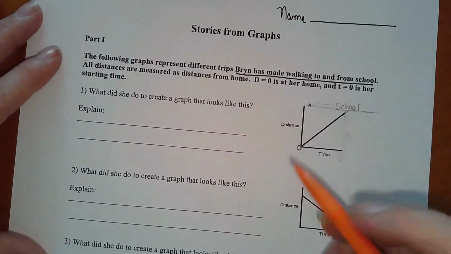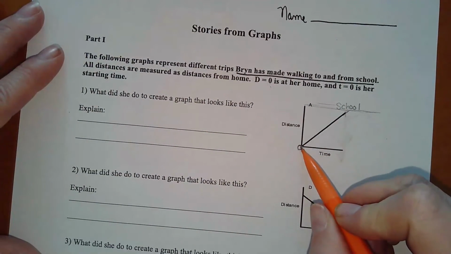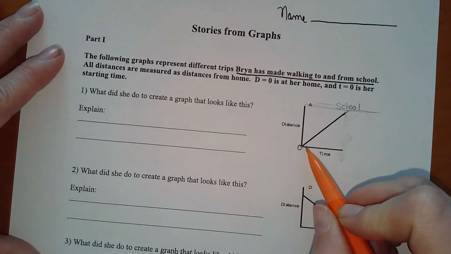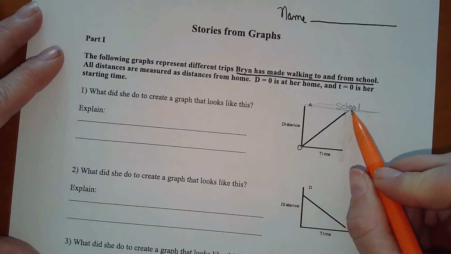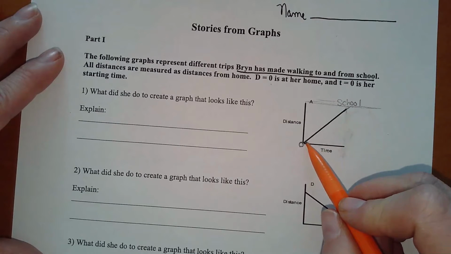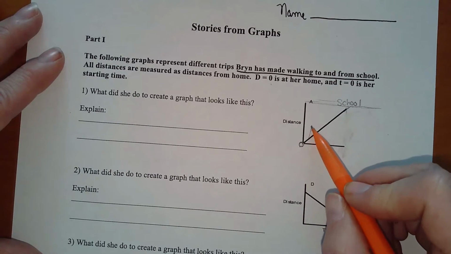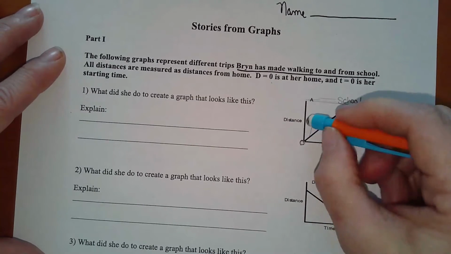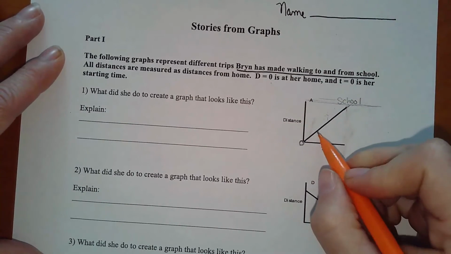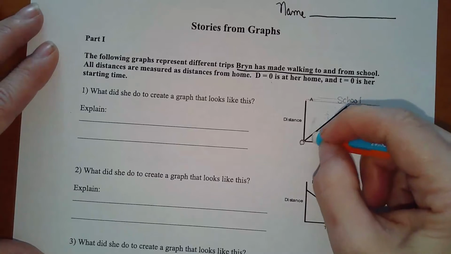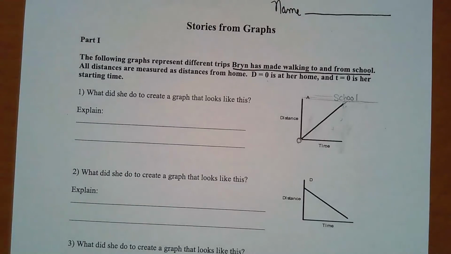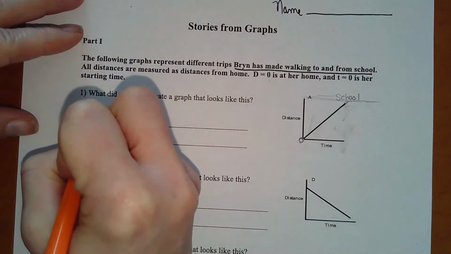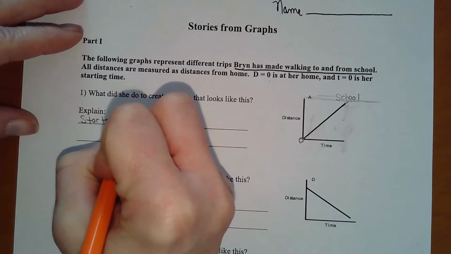Now, the question is, if this is her walk, she leaves her home and it takes her this amount of time and finally she gets to school. Has she ever started going faster? Nope. Did she ever slow down? No. So she starts at home.